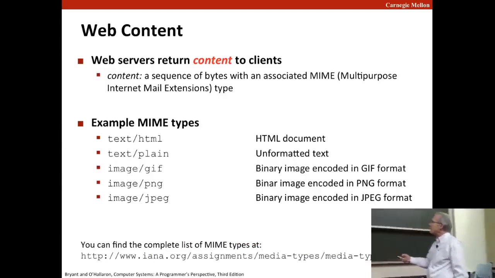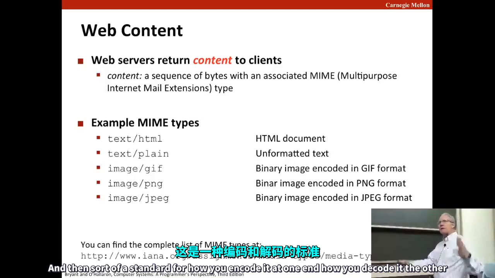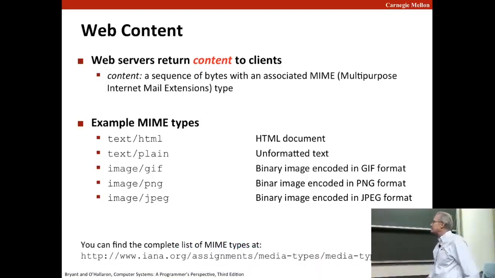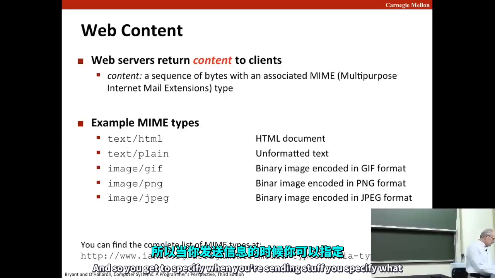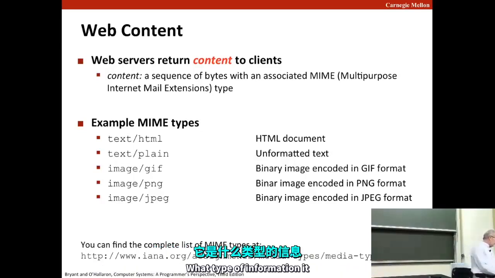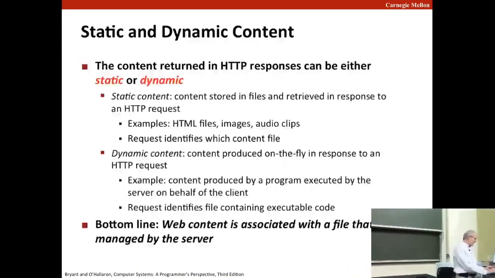And then there's a standard for how you encode it at one end and how you decode it at the other. And so when you're sending stuff, you get to specify what type of information it is.